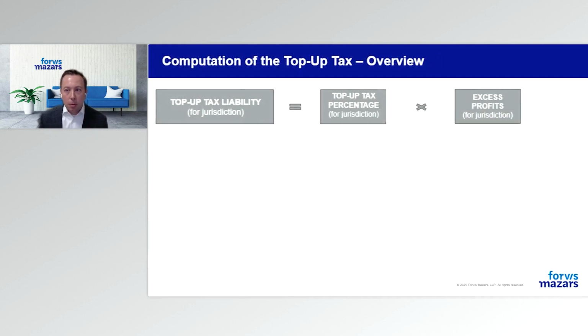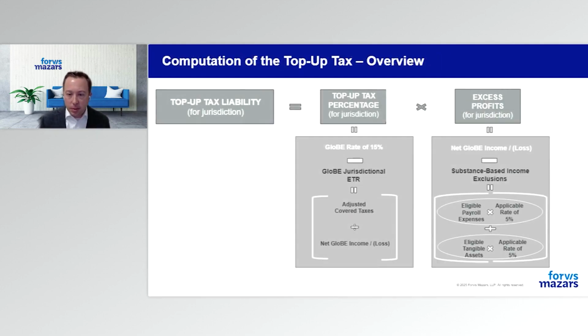Just a quick overview of the top-up tax computation itself. We covered this in previous sessions, but essentially we have a goal of hitting an effective tax rate of 15% in every jurisdiction. So there's a computation of the actual GloBE ETR, the effective tax rate in each jurisdiction, basically taking adjusted covered taxes divided by GloBE income to get to the effective tax rate.